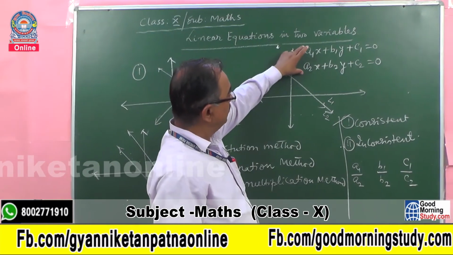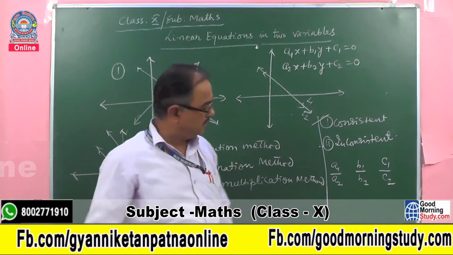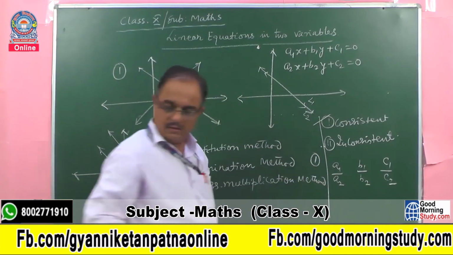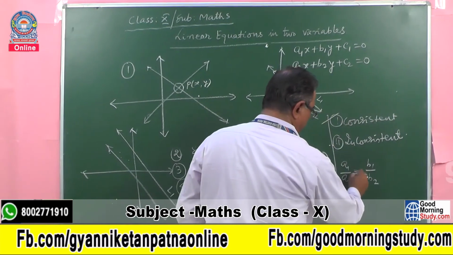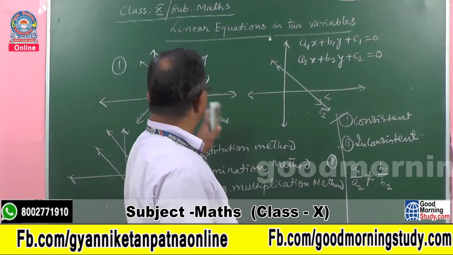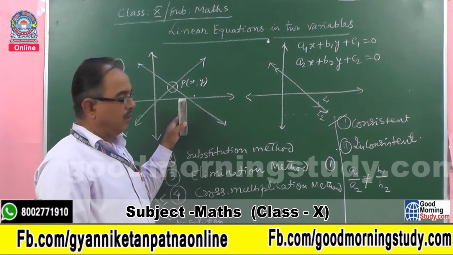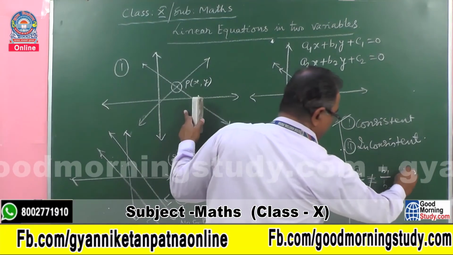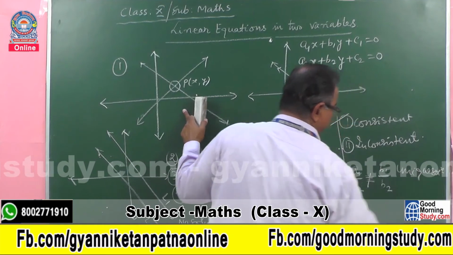Find the ratios of a1 a2, b1 b2, and c1 c2. If a1 by a2 is not equal to b1 by b2, it means the graph lines are intersecting lines and it has exactly one solution, called a unique solution.